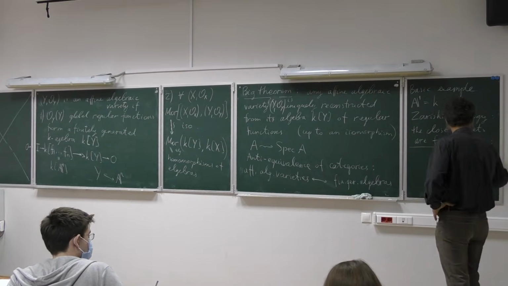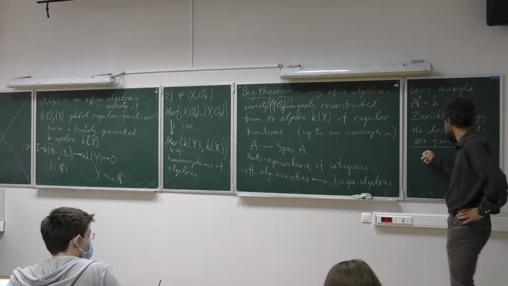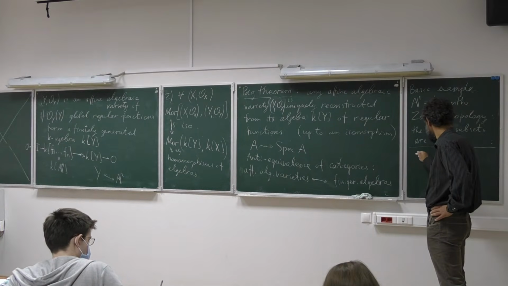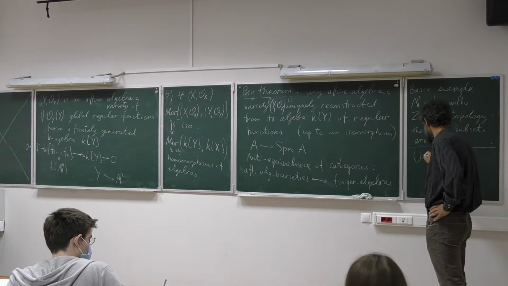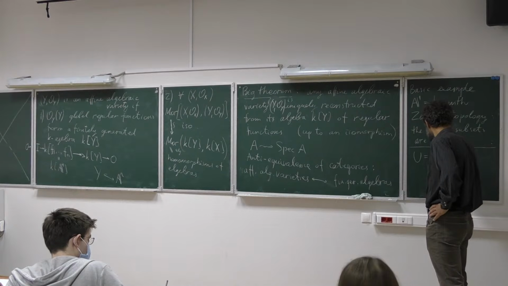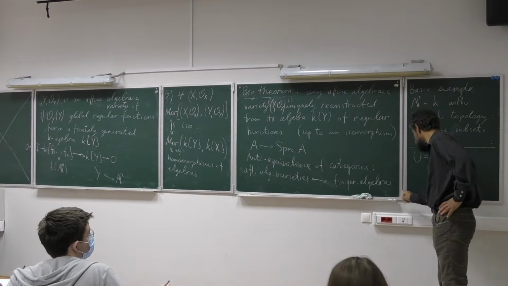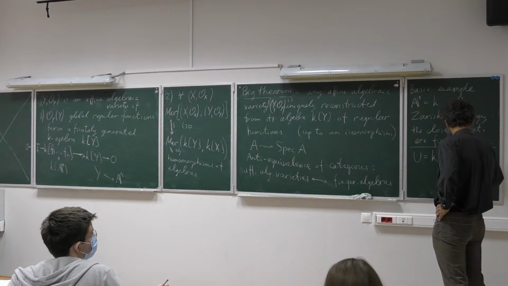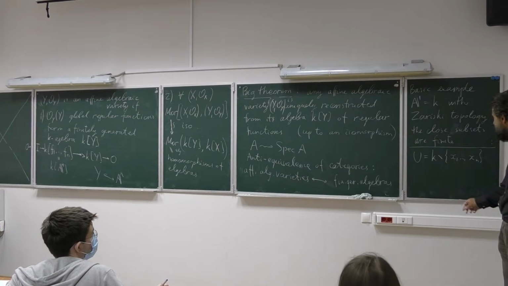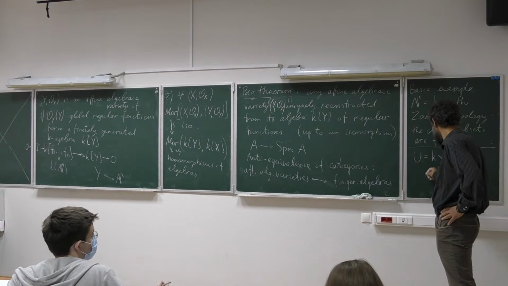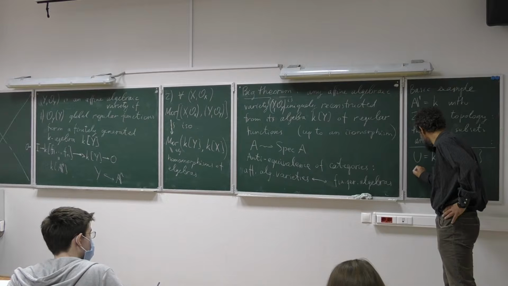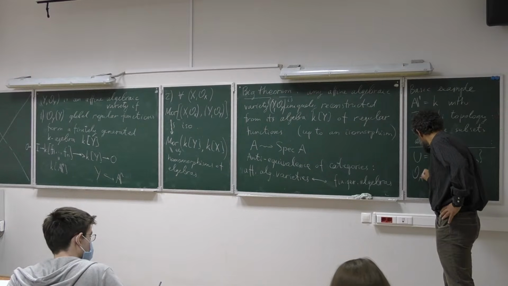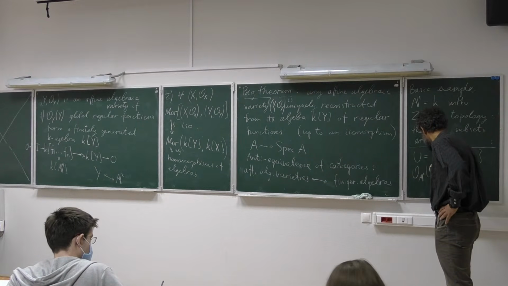Fine. And now, what about regular functions? So we have an open subset U. U is K without some closed subset, so say x1 and so on, xn. And now I have to say what is the ring of regular functions.